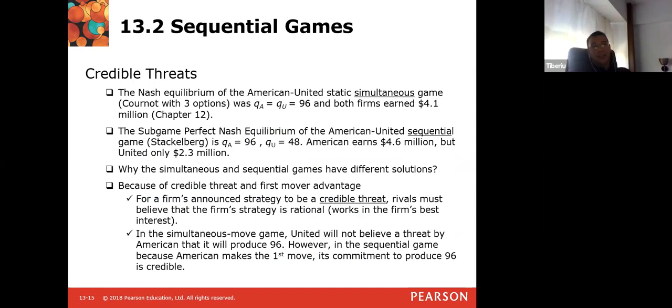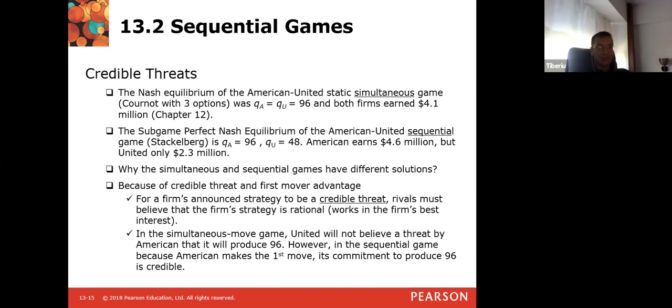The Nash equilibrium of the American-United static simultaneous Cournot game with three options is where both quantities are 96 million passengers and both firms earn 4.1 million. The subgame perfect Nash equilibrium of the American sequential Stackelberg game is 96 and 48.